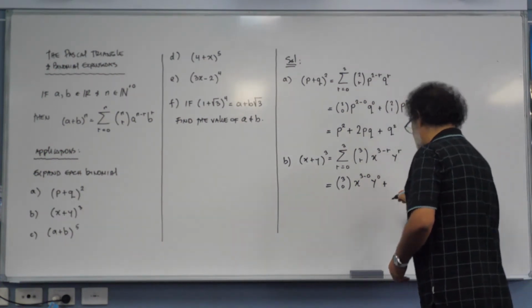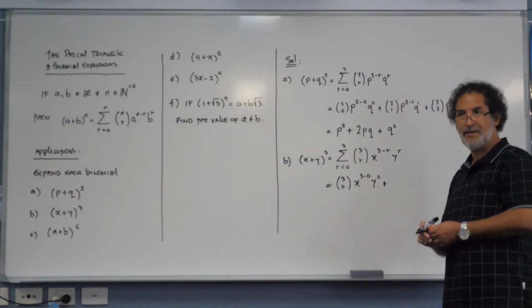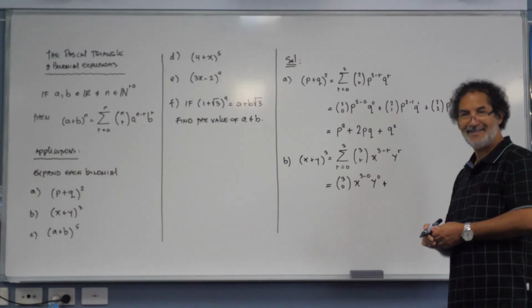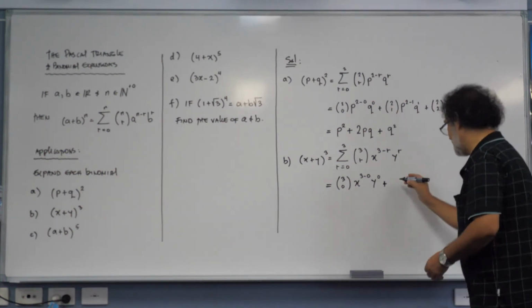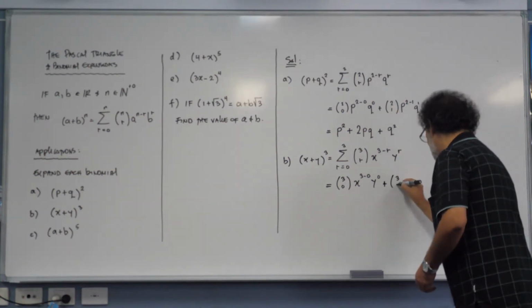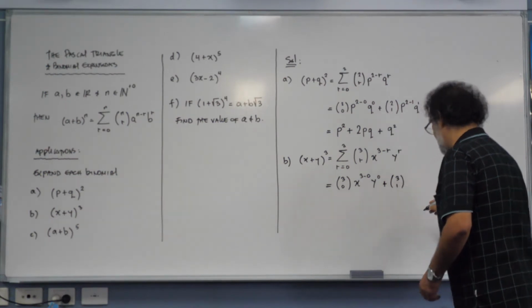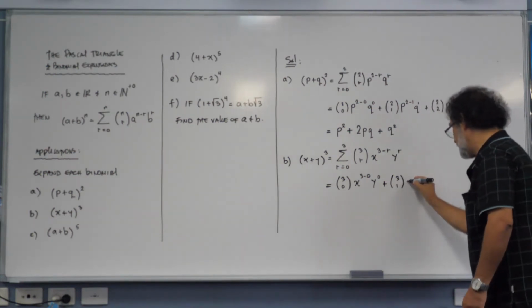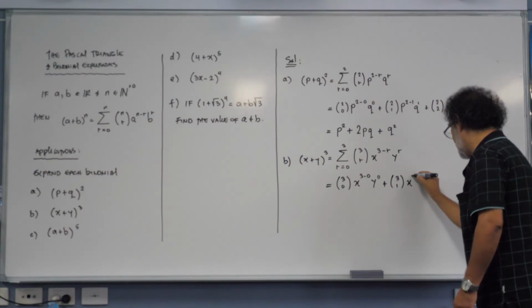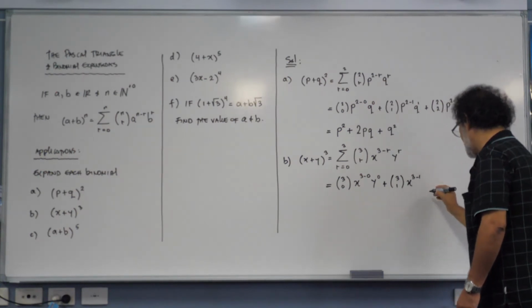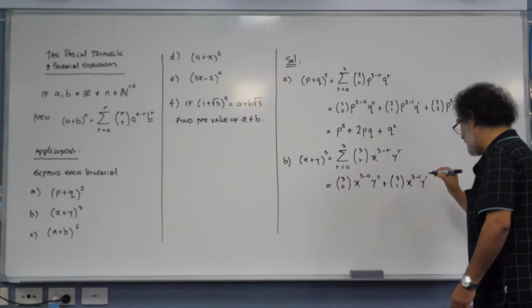Okay, who wants to do the second one? Amelia. 3, 1. x to the power of 3 minus 1, and then y to the power of 1.